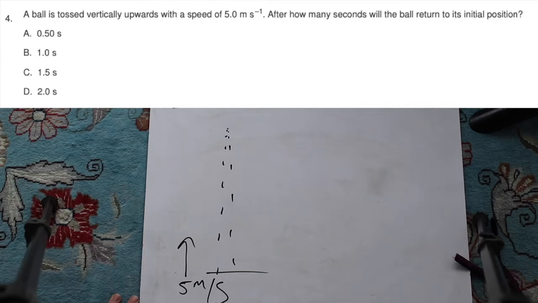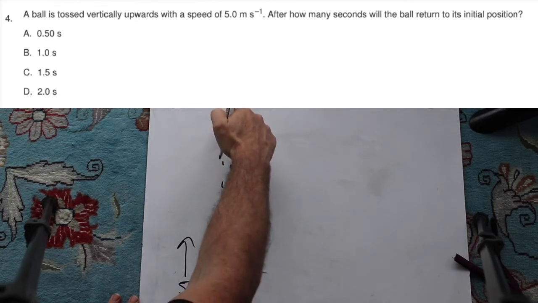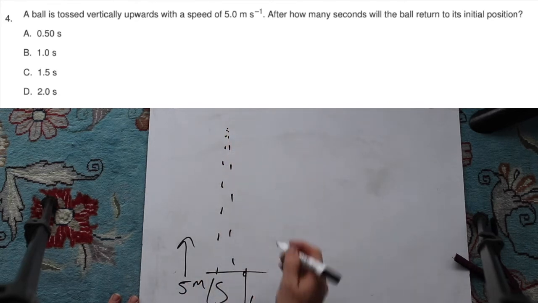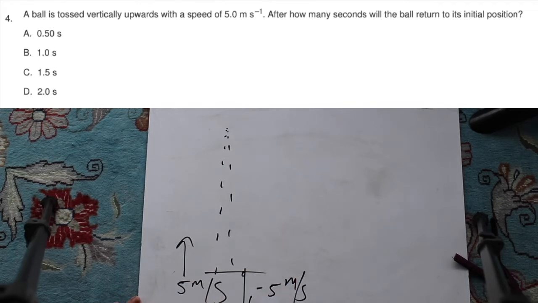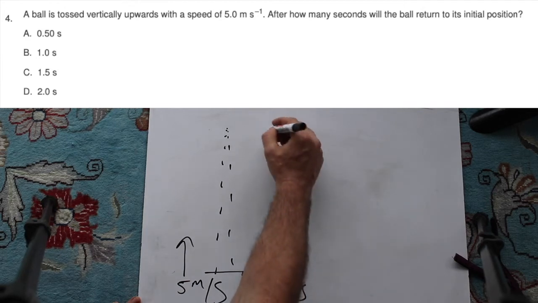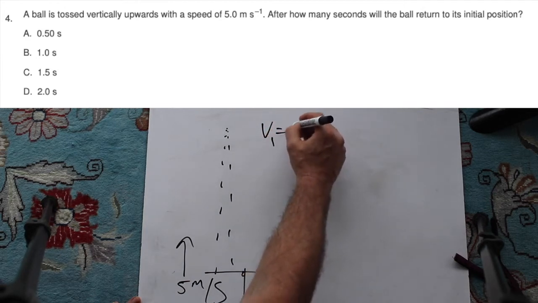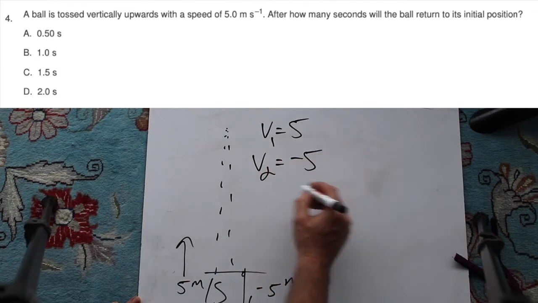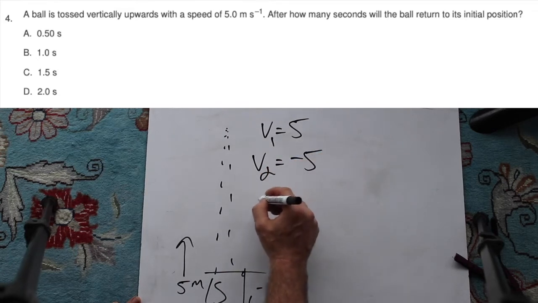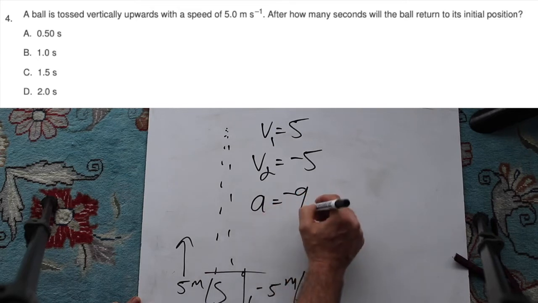Or you could just say that you start up at 5, and because the same time goes up and the same time goes down and it's the same acceleration, the change in velocity is from 5 to -5. And so that's the easiest in my perspective here. And so I have a v1 equal to 5, a v2 equal to -5, and I know this is on Earth, and so the acceleration is equal to -9.8.